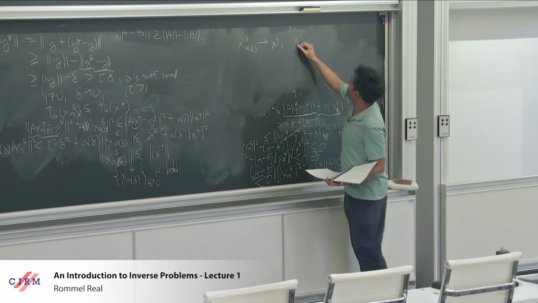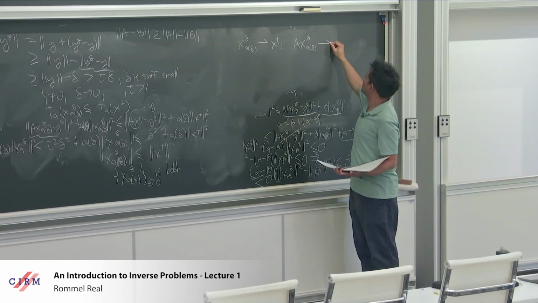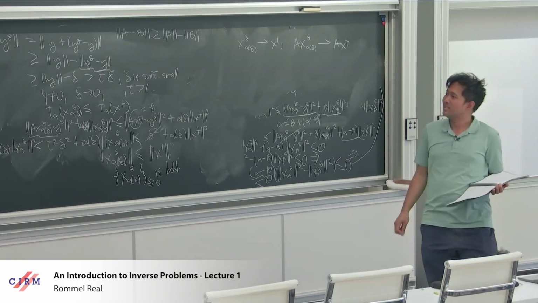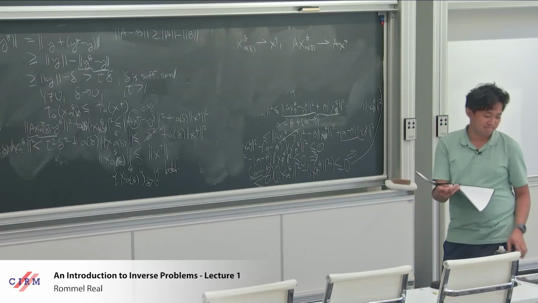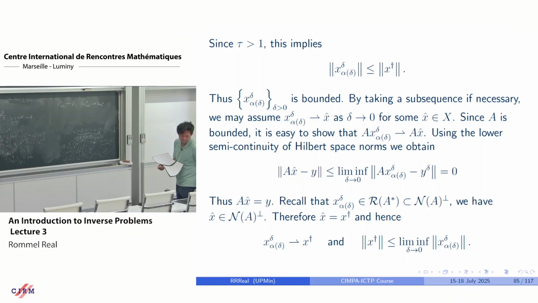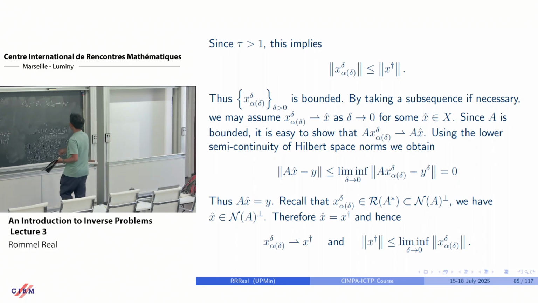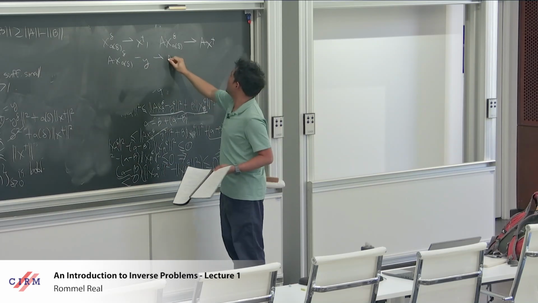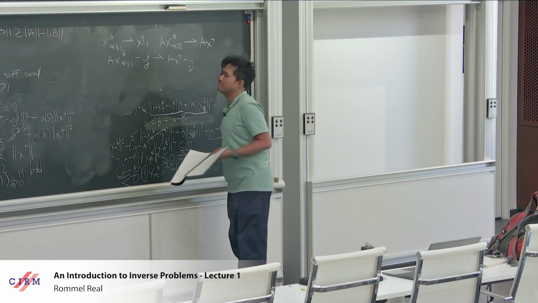It also follows that A applied to the subsequence must also weakly converge to A x dagger. That's easy to show. And by using the lower semi-continuity of norms in Hilbert spaces, as we've seen, it also follows that A x_alpha_delta minus y_delta must weakly converge to A times x dagger minus y.